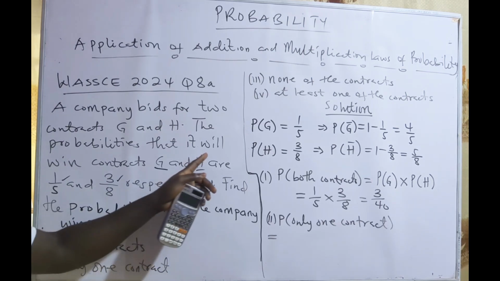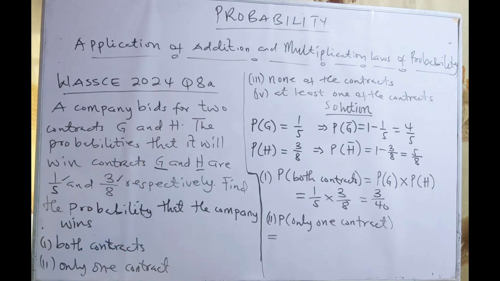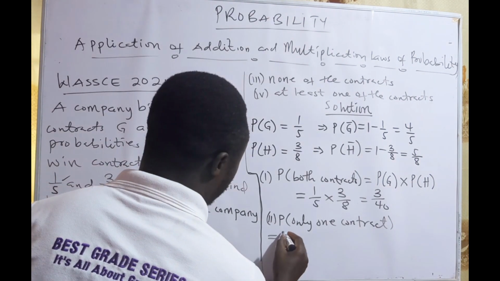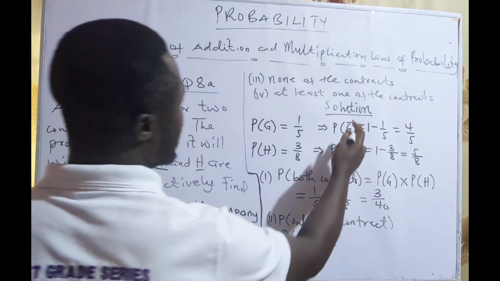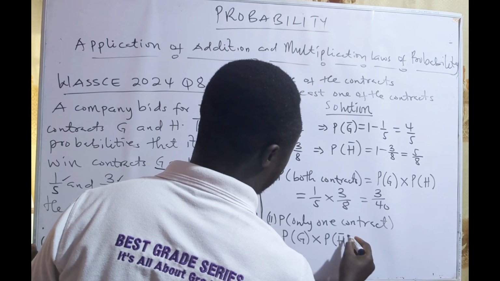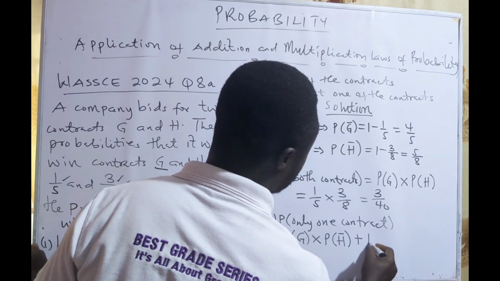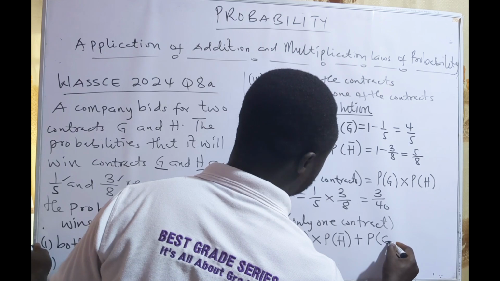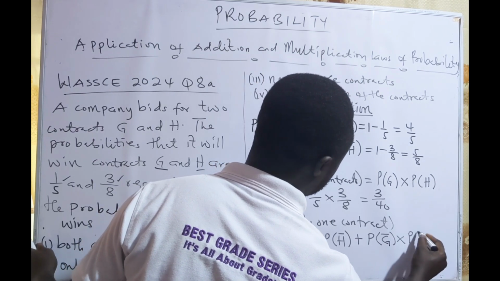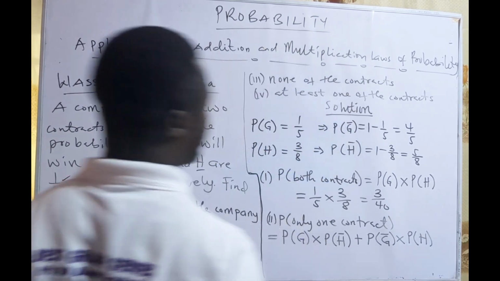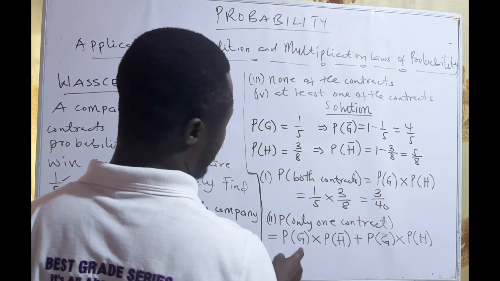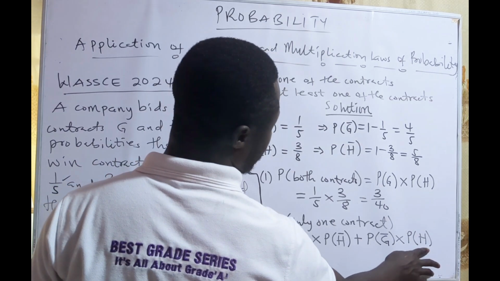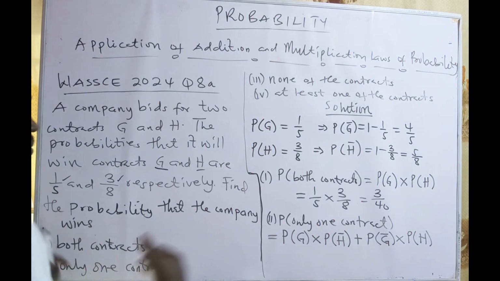Or the company can win H and not win J. So the probability of the company winning J and not winning H, where not winning H is the H that you put a bar on top, or plus the company will not win J and then win H. If this happens, it means the company is winning one contract at a time. Here the company wins J and here the company wins H. You look at both sides, you can win any of them.